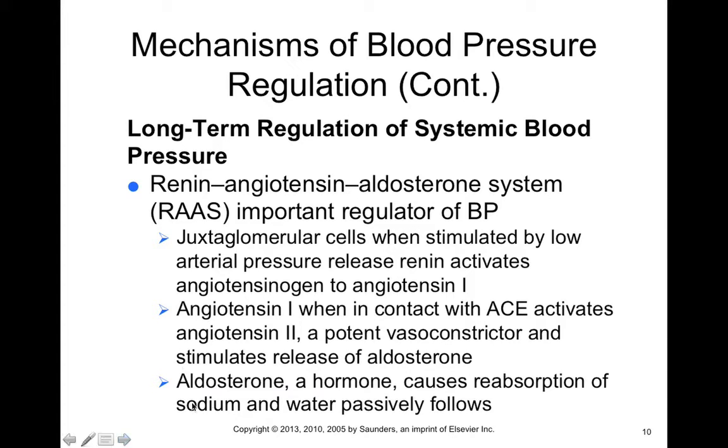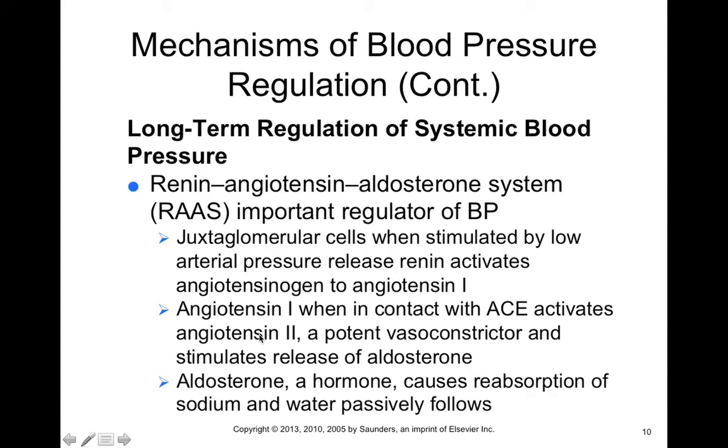And aldosterone can increase blood pressure because as a hormone released by the adrenal cortex, aldosterone acts on the kidneys to help your kidneys retain sodium. We know that sodium attracts water, so if you're retaining more sodium and not losing it in urine, then you're also going to retain more water in your body. And if you retain more water, then you also increase blood volume, which increases blood pressure.